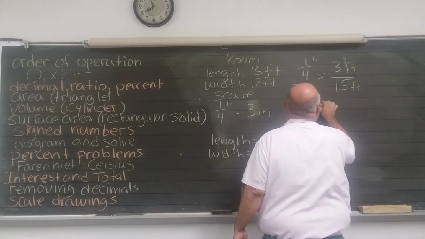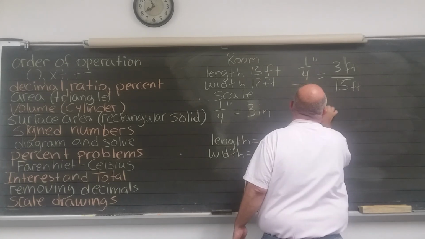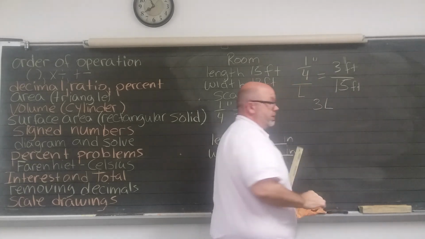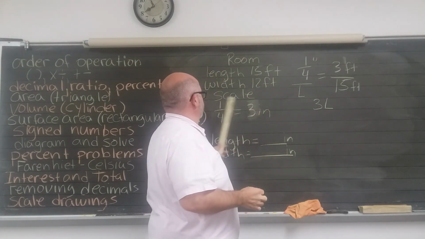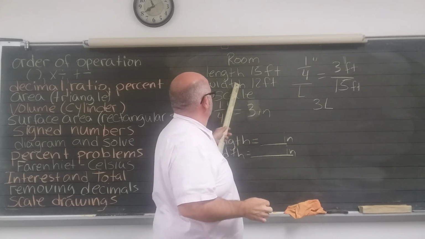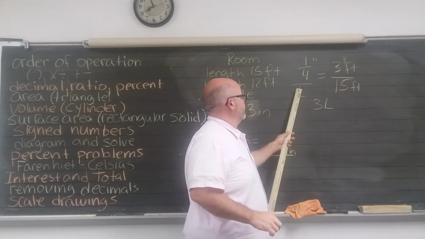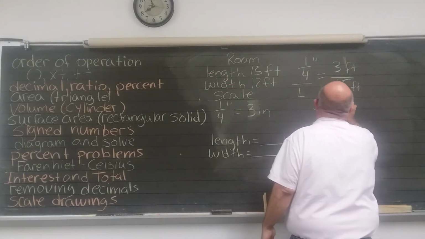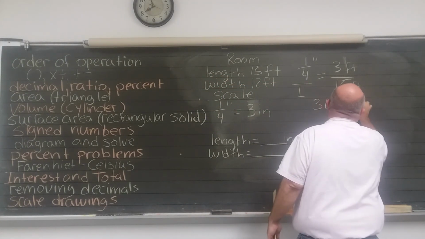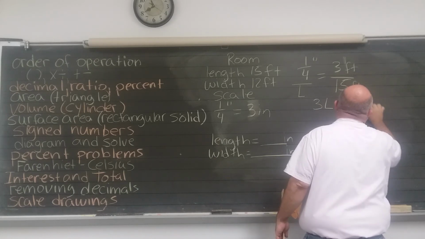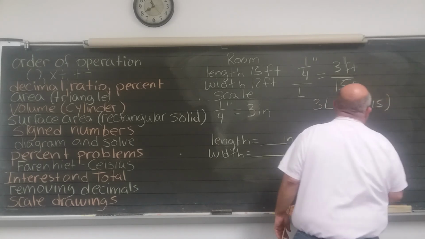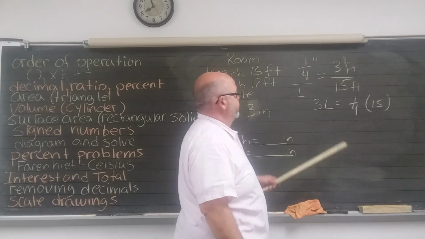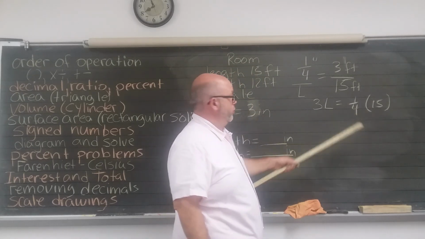Again, you have this fraction that you need to get rid of, so let's just do it. To find the width, then, you do the same thing, except you put the width amount in, 12, and you put a W for width. Okay, we're going to do one of these. 3L equals 1/4 times 15, right? Now you have this troublesome fraction that you want to get rid of.